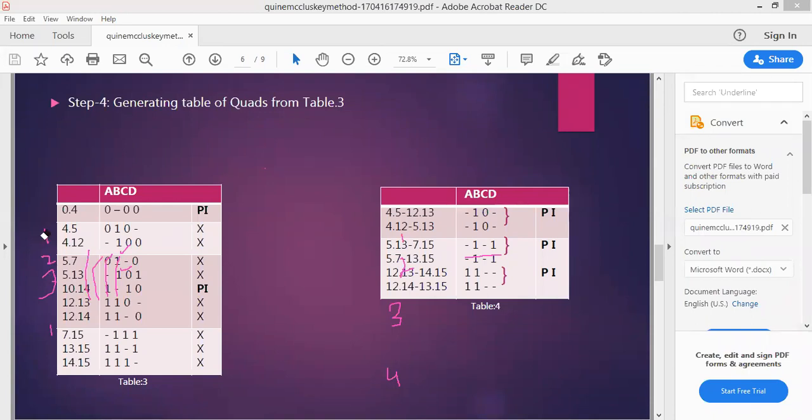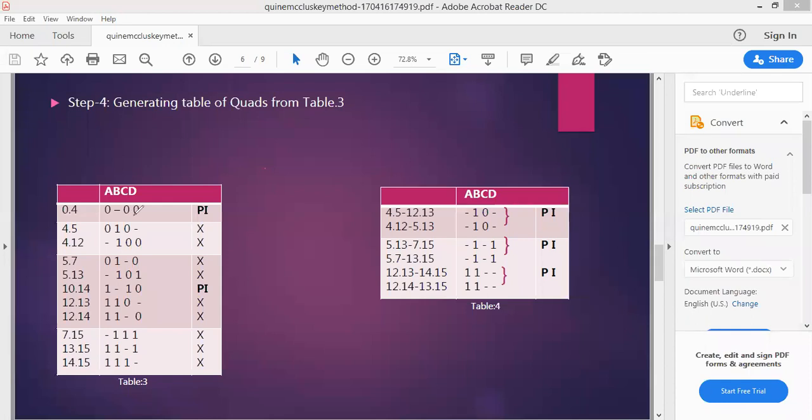Now, in the previous one we grouped for pairs. So now we will be generating groups for quads, that is 4 groups.